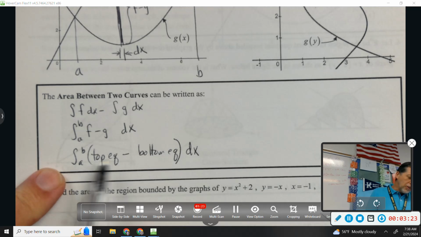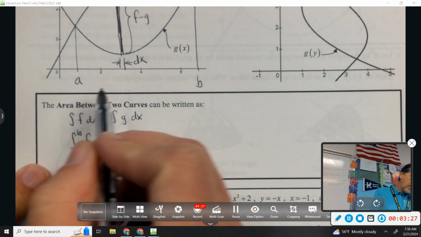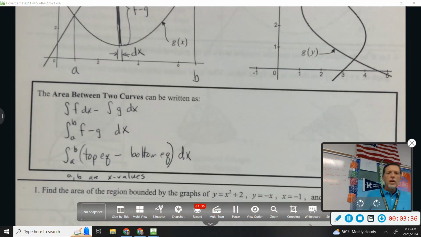Let's be careful. If we're doing dx, that means A and B have to be x values. We've talked about that before when we did u substitution. If you make this u, then you have to make your limits u. Same thing.